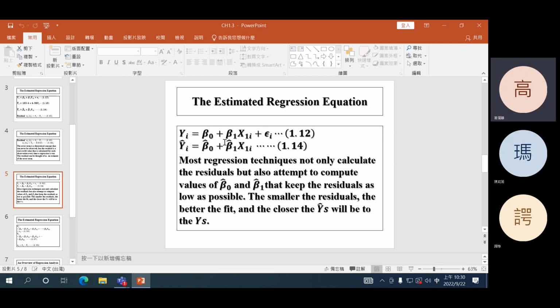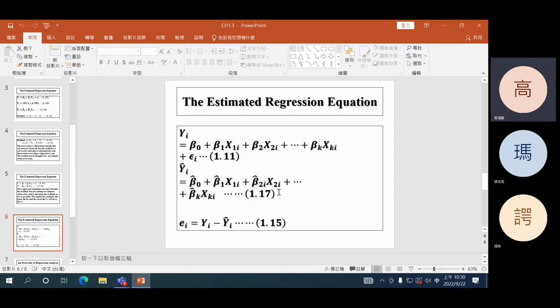It's always easier to explain using just one X variable, but all this idea can be extended to multiple regression analysis, even when there is more than one X variable.